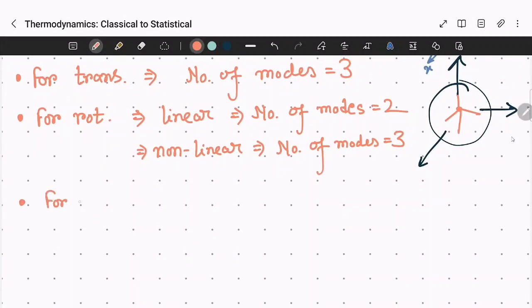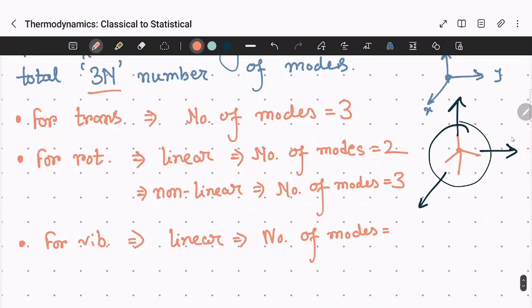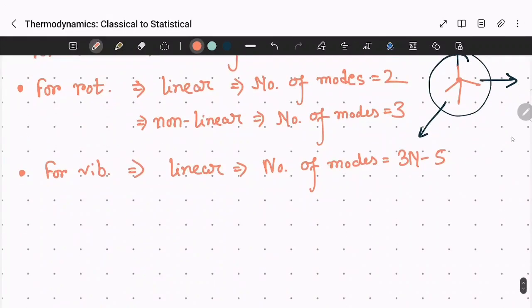Now for vibration, for linear, what will be the number of modes? This is difficult to calculate, so we'll use a trick. The total number of modes should be 3n. So it should be 3n minus 5, because translational has 3 and rotational has 2, so translation plus rotation has 5, and total should be 3n, so vibrational should have 3n minus 5.